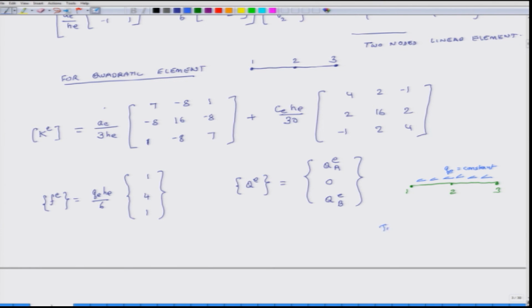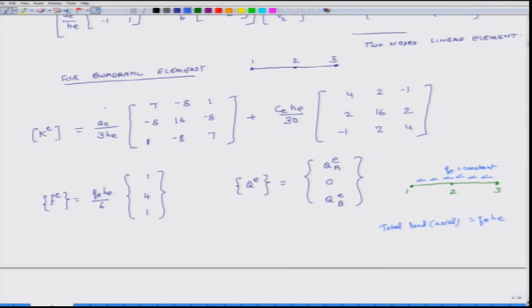Total axial load will be QE times HE. 1/6 of that load, QE times HE divided by 6, is borne by the first node. It is not equally distributed. This is what mathematics is telling us.